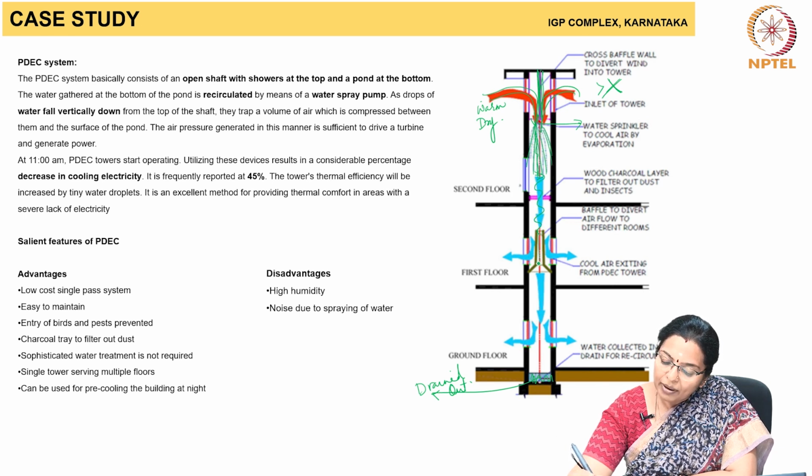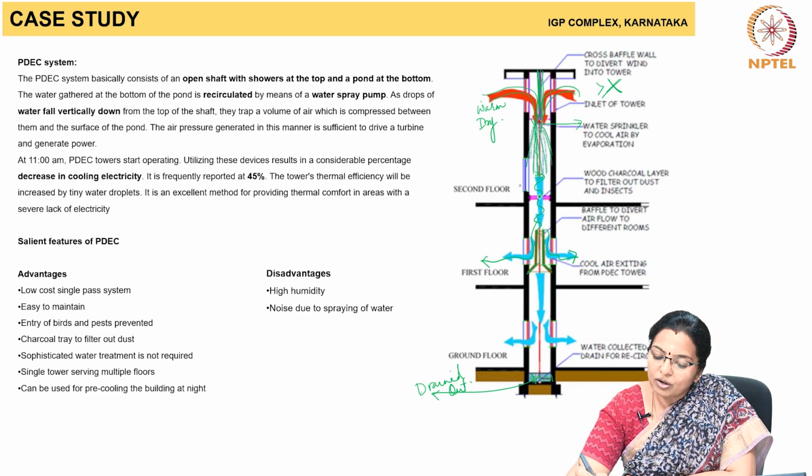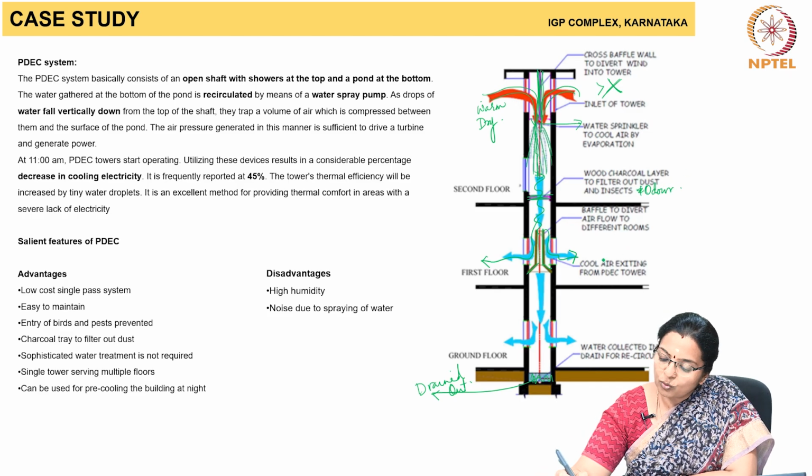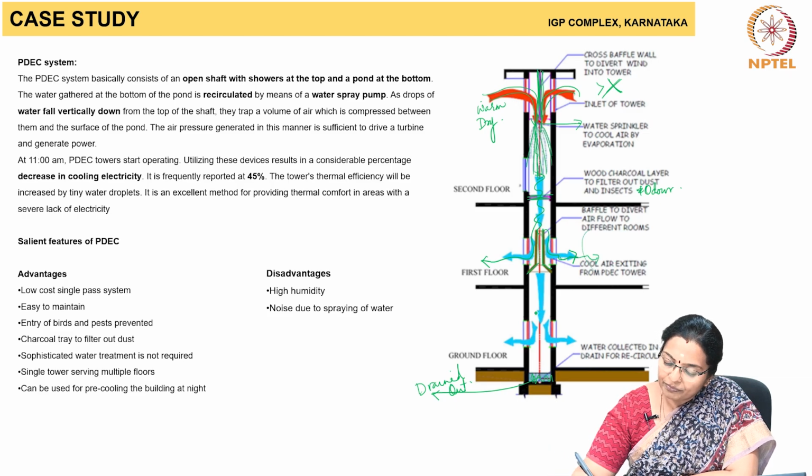Again, there are baffle walls which direct the breeze inside. There is also a wood charcoal layer which acts like a filter for dust, insects and odor. This cool air then cools down the room.